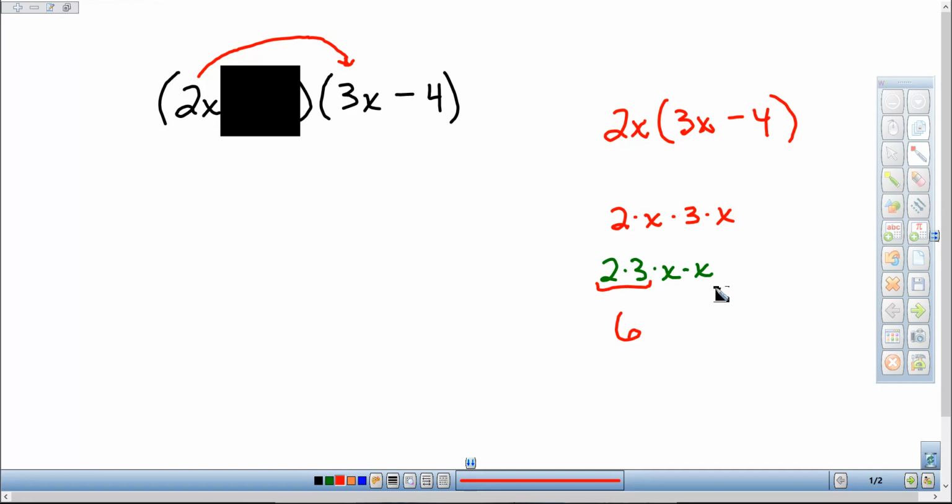x times x, we don't know what that value is, but we need to talk about how we express x times x. So I'm going to bring in a new thing. What if I said 5 to the third? What does that mean? Don't say 15 because it does not mean 5 times 3. 5 to the third means that we have a 5 times a 5 times a 5.